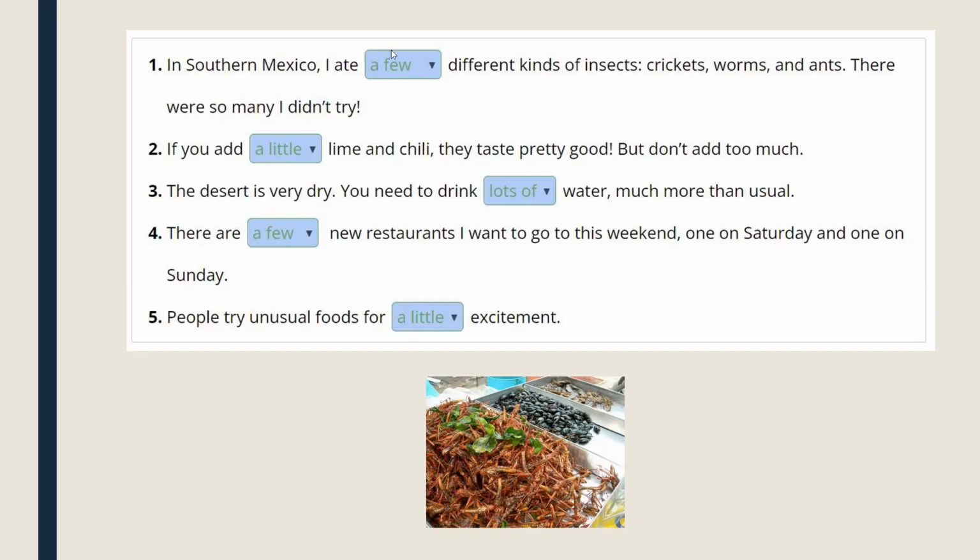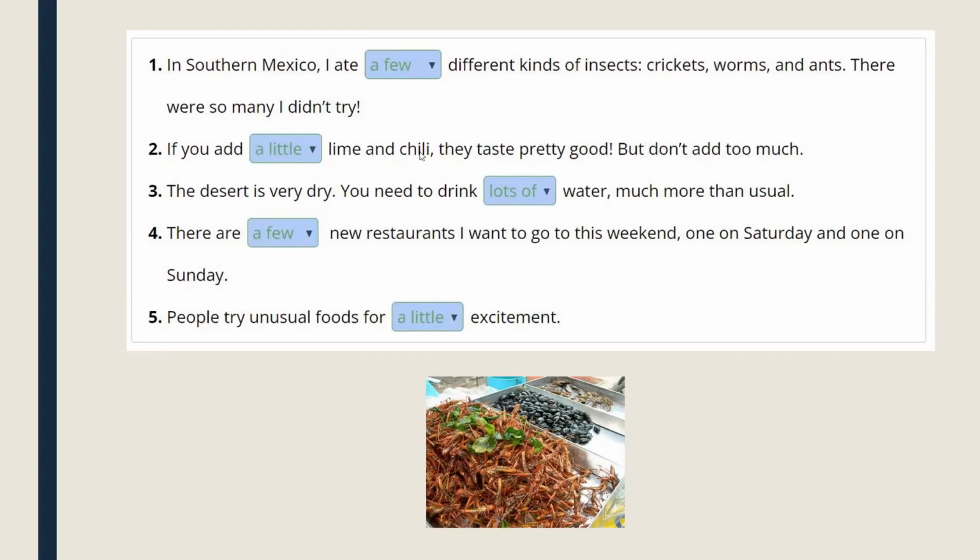And I'm using a few because different kinds of insects is countable. Now, number 2, if you add a little lime and chili, they taste pretty good. But don't add too much. This is negative, but this is affirmative.